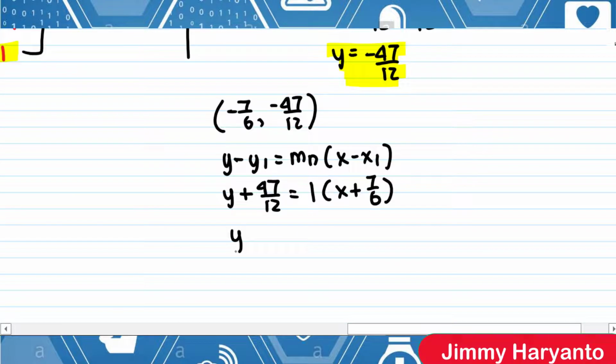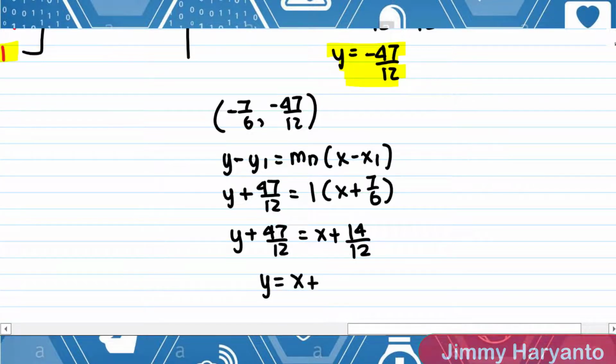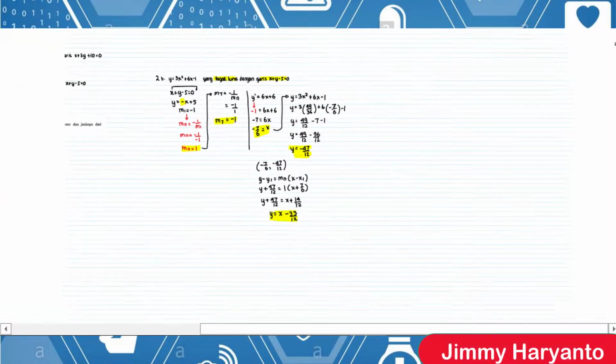So y plus 47 over 12 equals x plus 7 over 6. I will make it into over 12. Y equals x plus 14 minus 47, negative 33 over 12. And this is the equation of the normal.